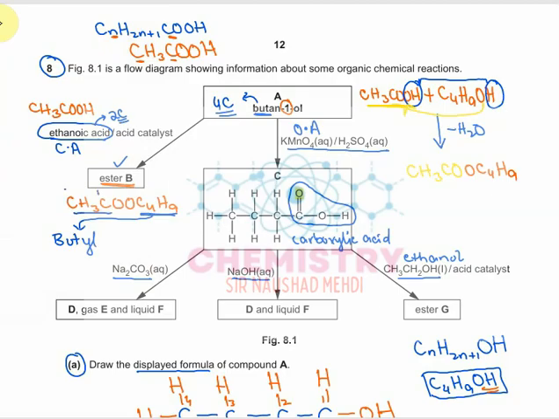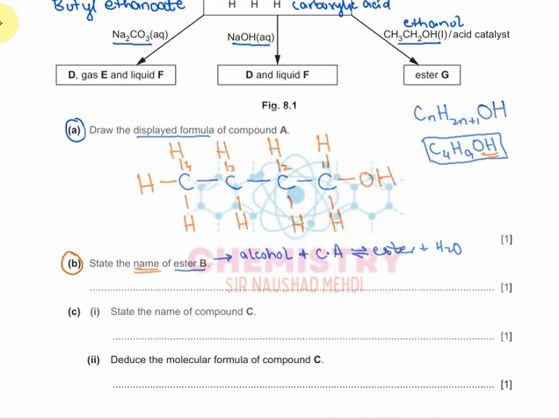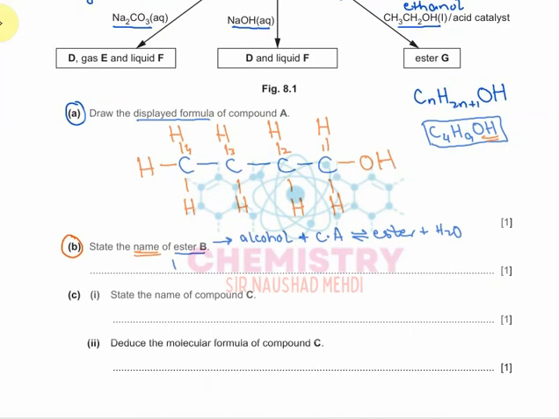We have 2 carbon atoms. For 2 carbon atoms, we use the prefix eth, so it would be ethanoate. So butyl ethanoate is the complete name of the ester which would be formed. So you have to write the name of the ester, which is butyl ethanoate. This is the answer for this question.